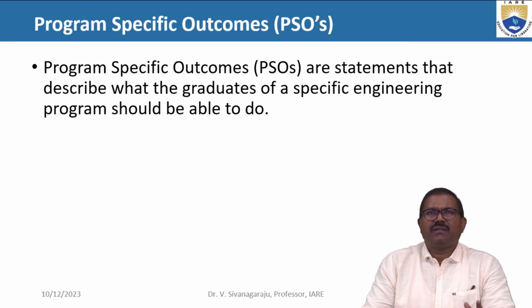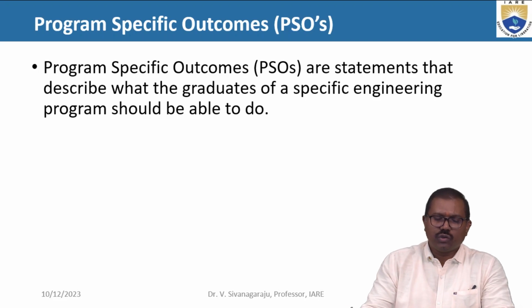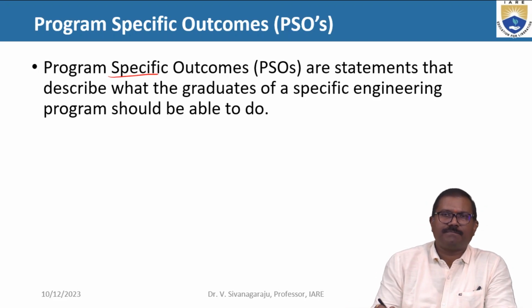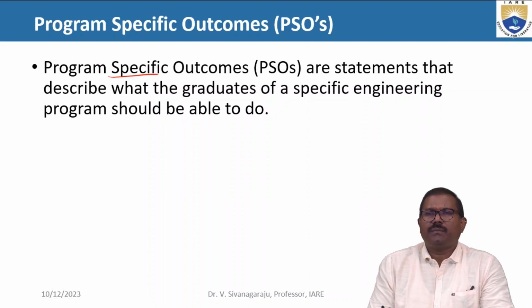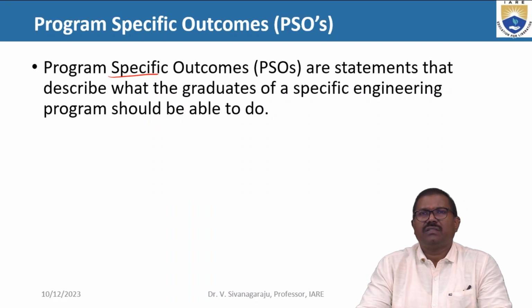Another one is PSO, program specific outcome. Program specific outcomes are statements that describe what the graduates of a specific engineering program should be able to do. This is a specific outcome. For example, a student from electronics: what should the student be able to do at the end of that program?